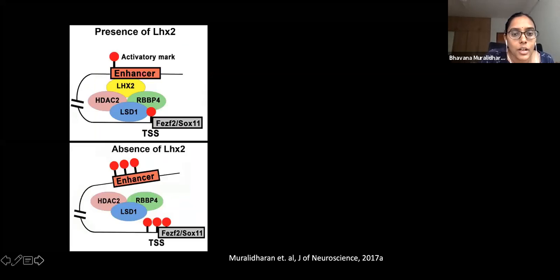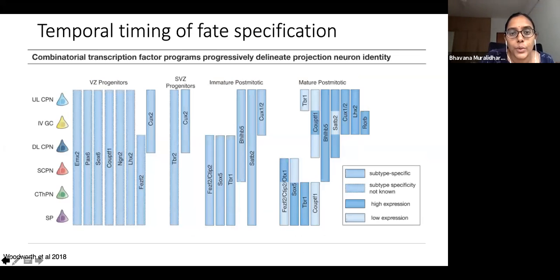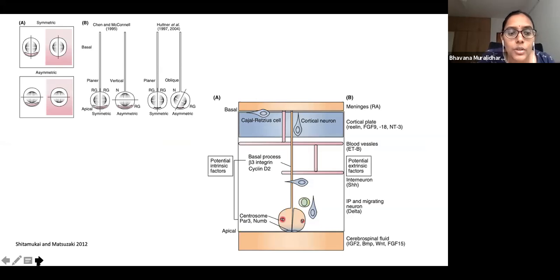What I want now to tell you is that all these studies used bulk and genetic approaches.